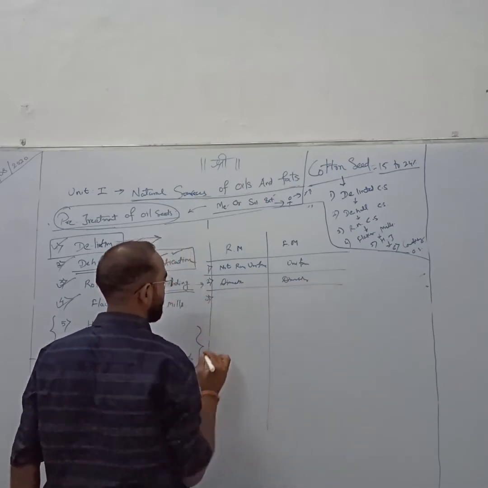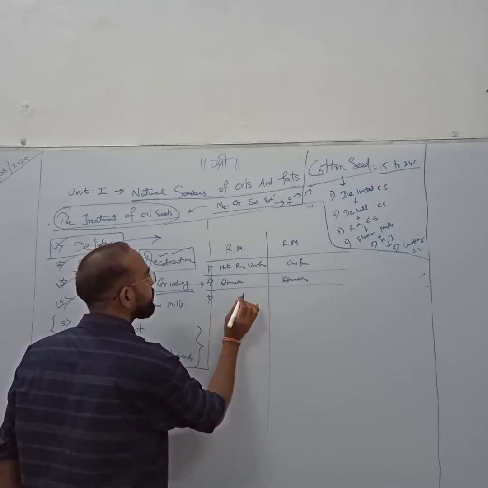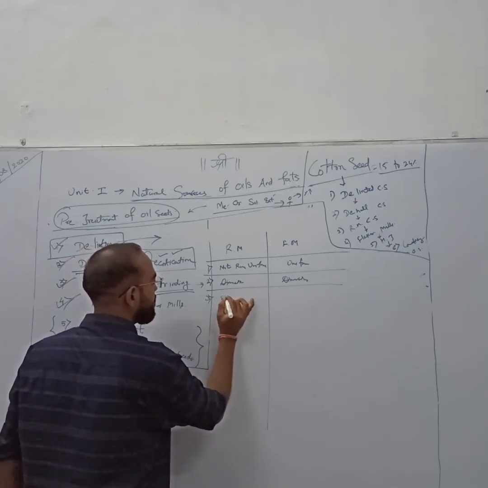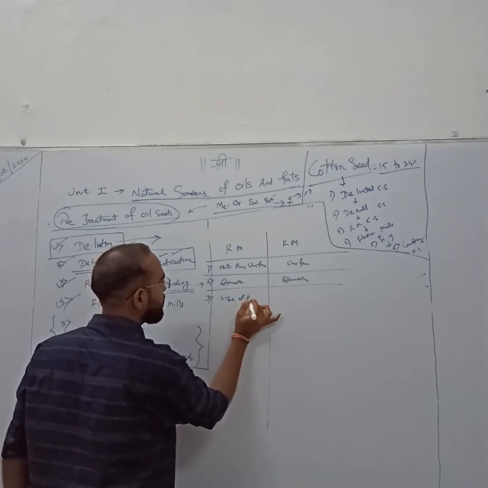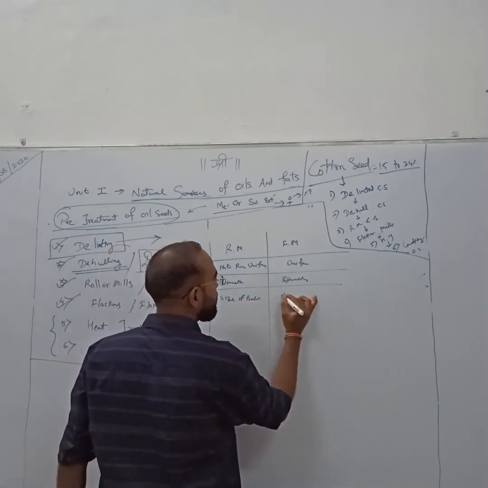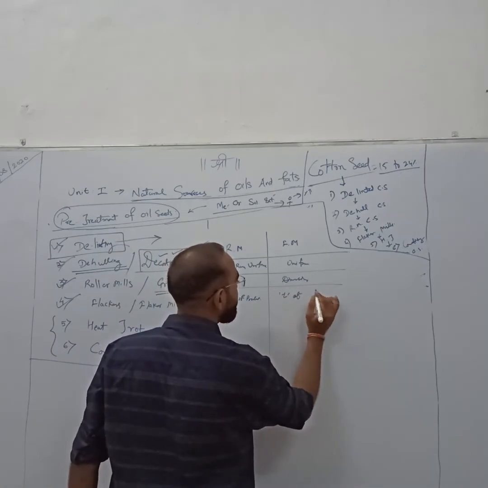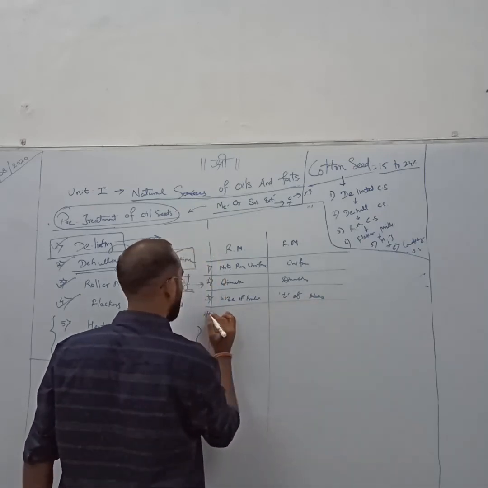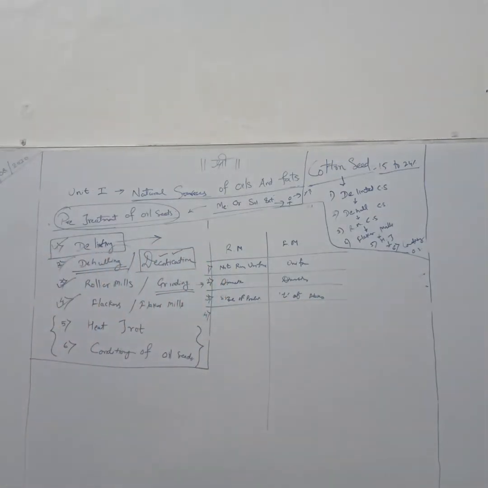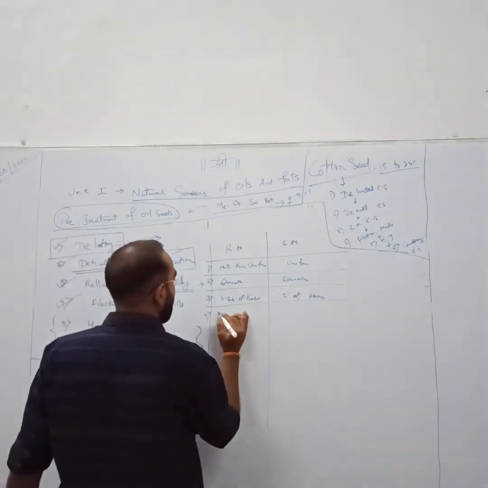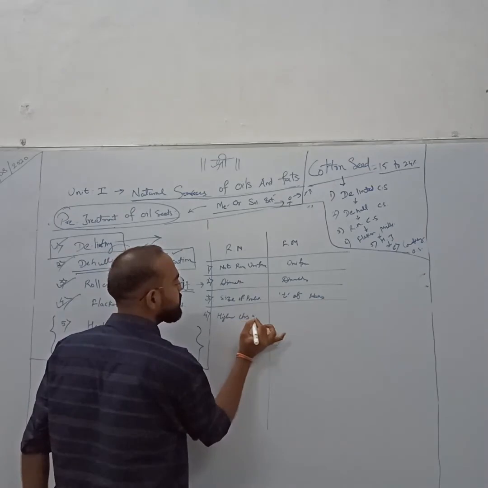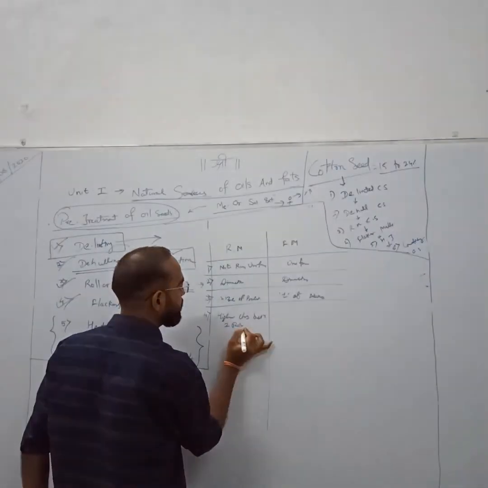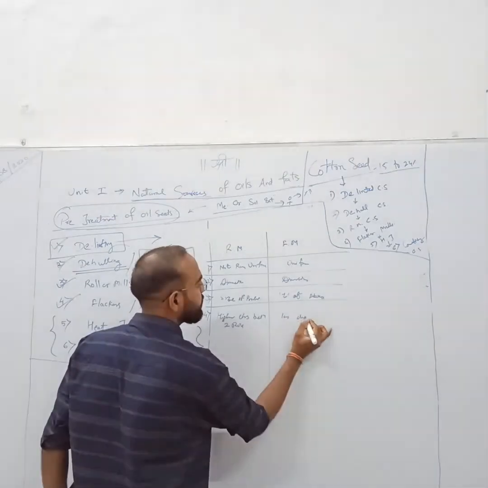Third one is size of product, thickness of flakes. Fourth one is higher clearance between two rollers in roller mills, less clearance in flaker mills.